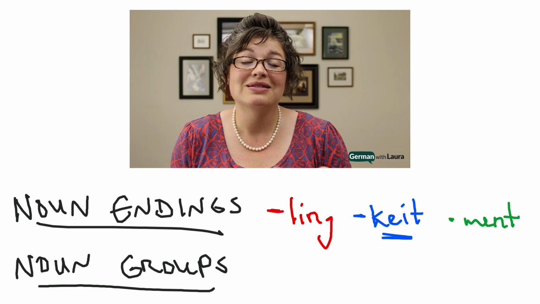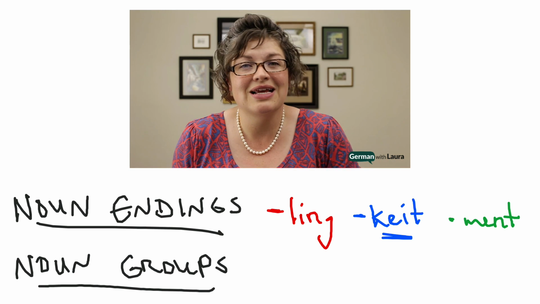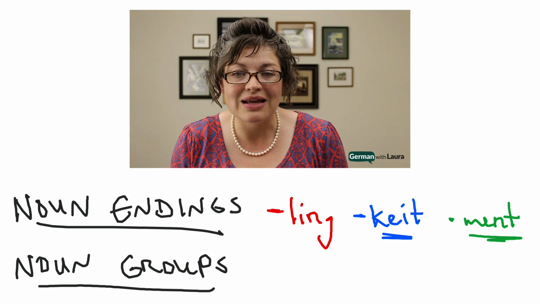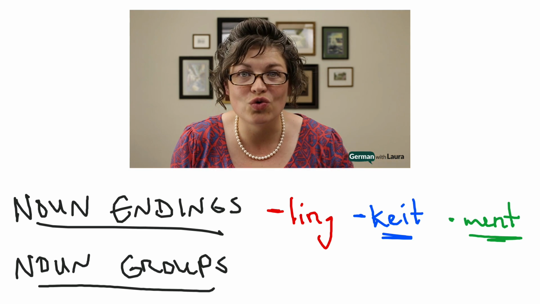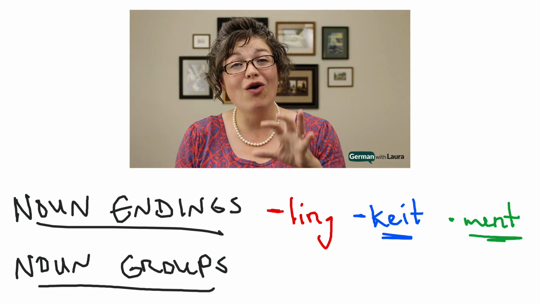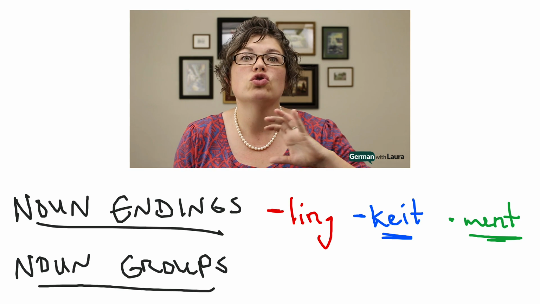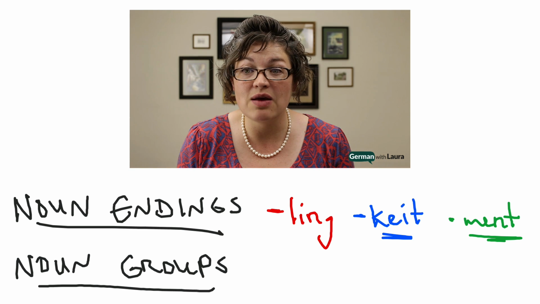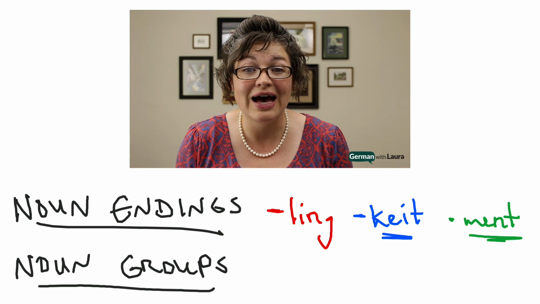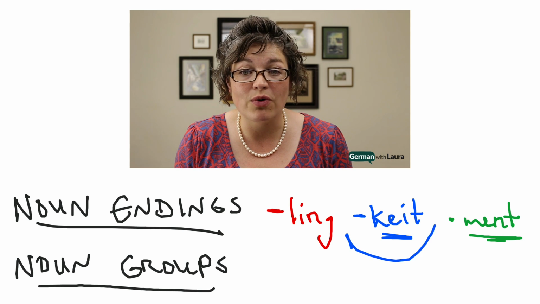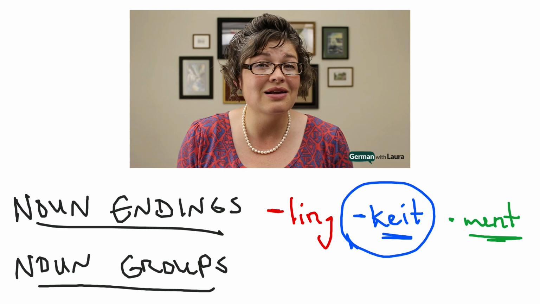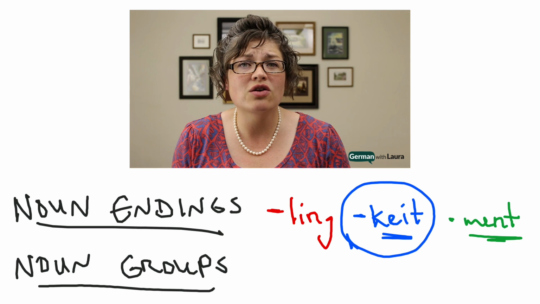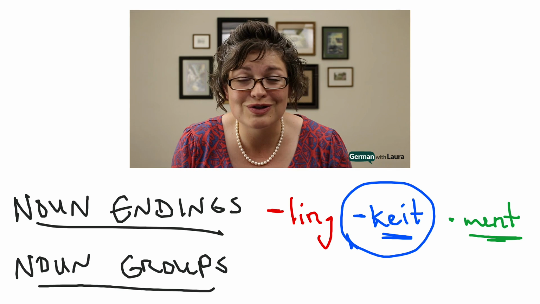Okay, so das Experiment, das Instrument. Okay, nouns that end with ment are, as a rule, neuter nouns. And learning all of these endings saves you so much time. It's unbelievable. For example, just going back to the keit here, if you remember that the keit ending is feminine, then you will automatically know the gender of literally hundreds of nouns.